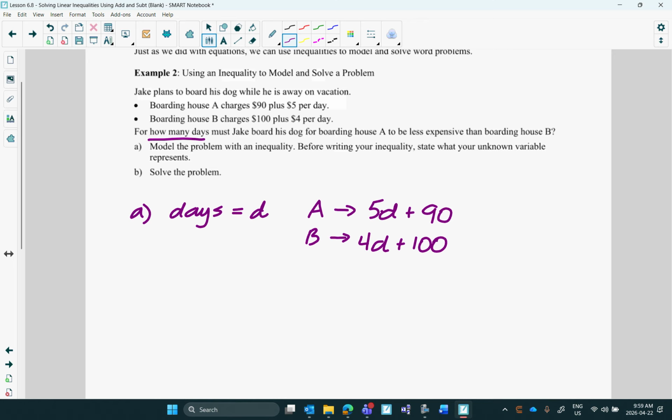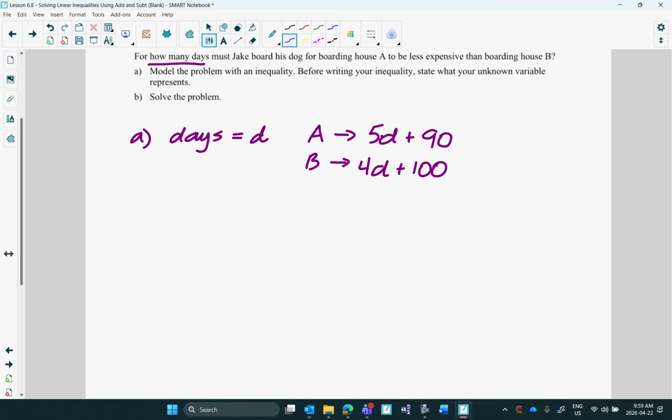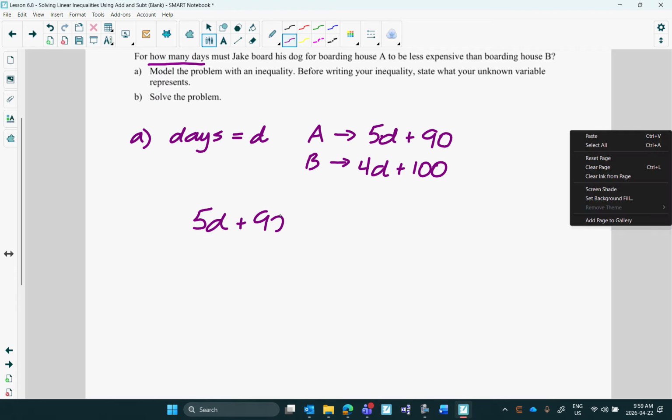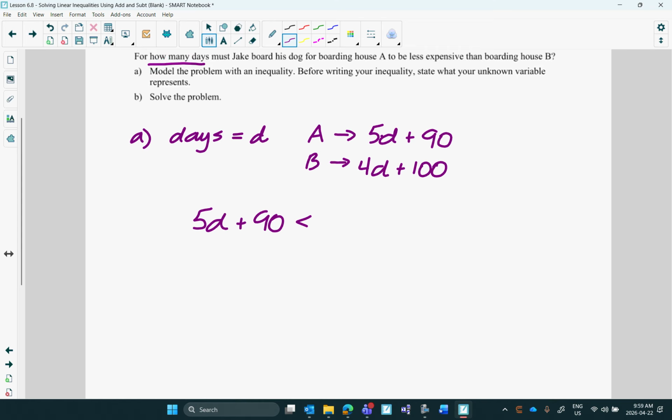So what I want to find is, for how many days must I board the dog for this to be less than this? Well, let's write it as I just said. This less than this. And now it's very similar to the previous ones we've solved.